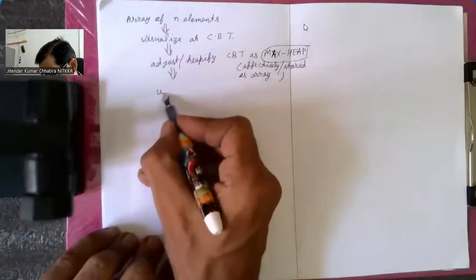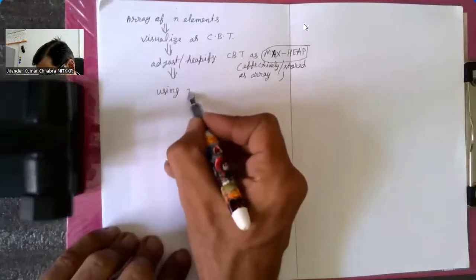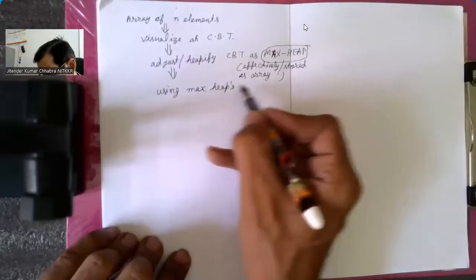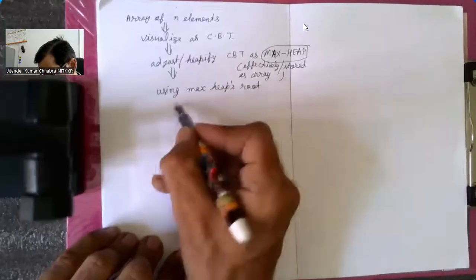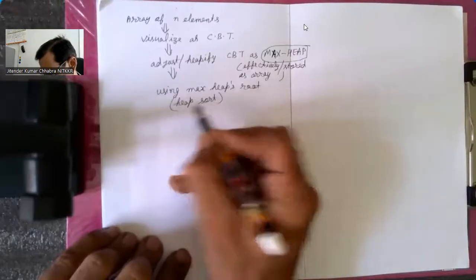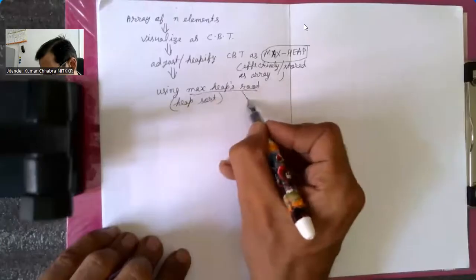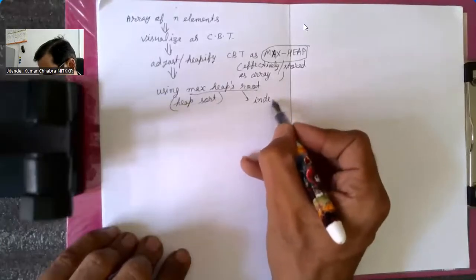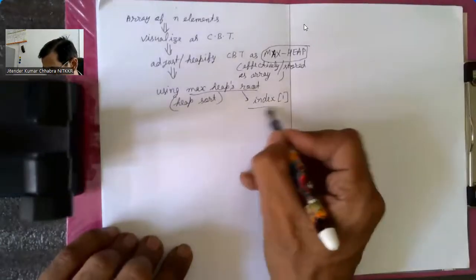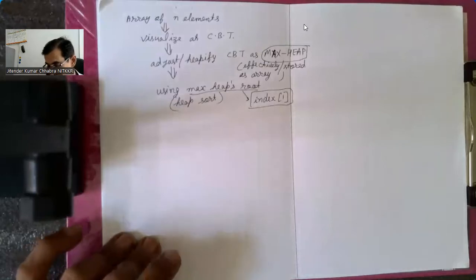So using the max heap property, using the max heap's root, heap sort will be implemented. And the max heap root effectively means it is always at index 1. So over the array, using index 1 for certain properties and slowly iterating, I will be able to apply the heap sort.